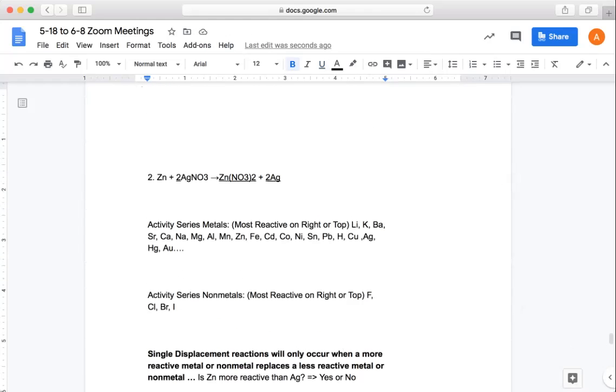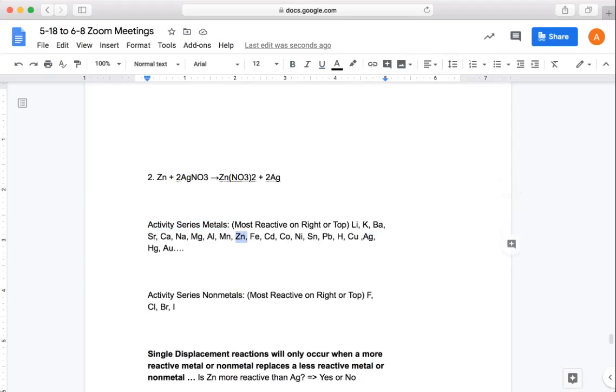Here we have zinc reacting with silver bound to nitrate, which is silver nitrate. Will this reaction occur? We have to look at the activity series. We're asking ourselves if zinc is more reactive than silver. Indeed, zinc is more reactive than silver.